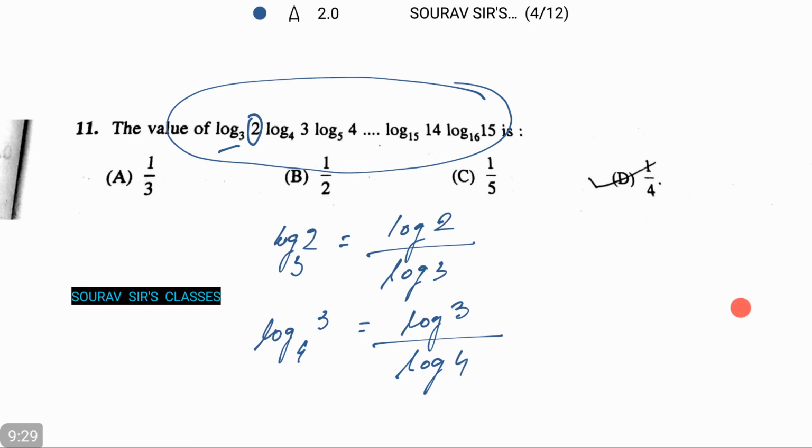And if we continue like this, no matter how long this expression is, we can always write log to the base n plus 1 of n as log n by log n plus 1.